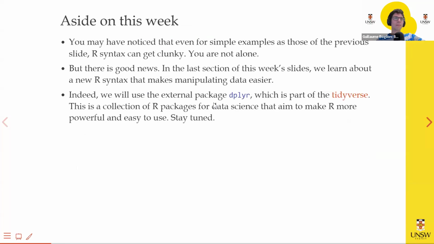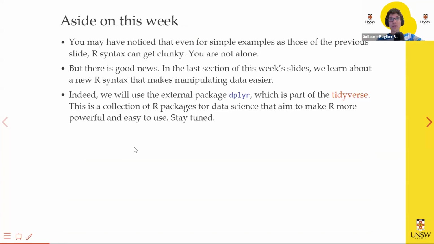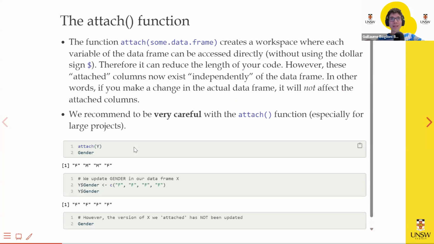So you know, before, if we want to do something about height, well, we need to tell R, okay, it's height within the data frame called Y. So we need the syntax $. Okay, so within the data frame Y, we grab height. Using attach, you don't need this. So you can directly access height in this example. So this then reduces the length of your codes.